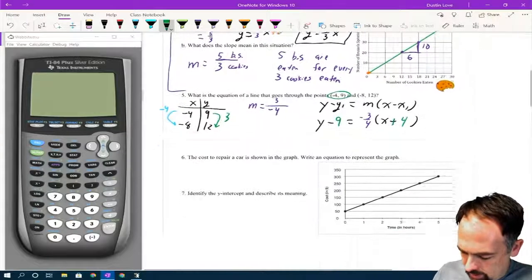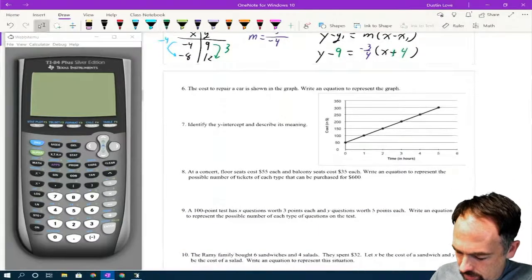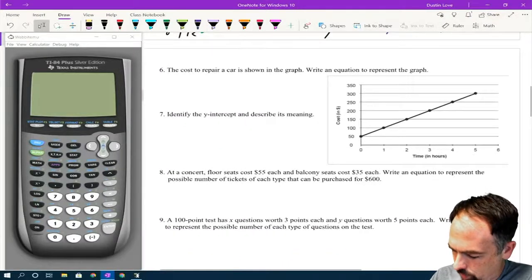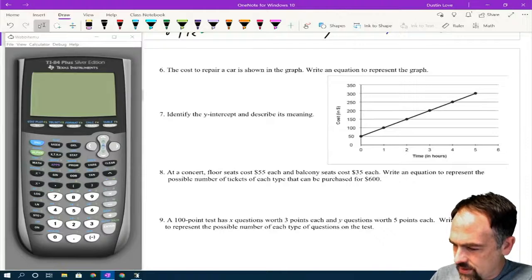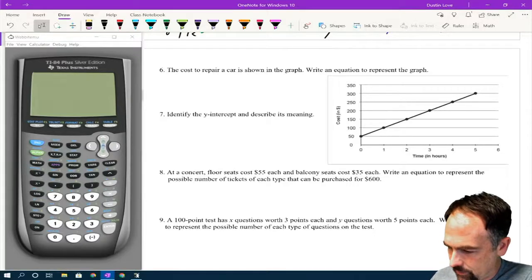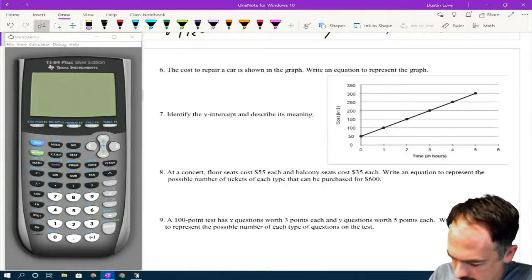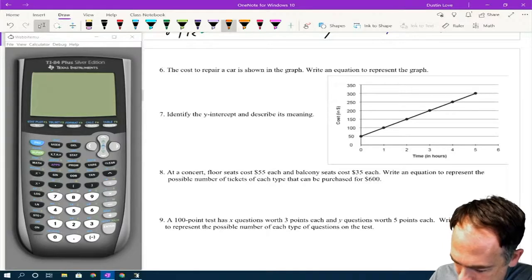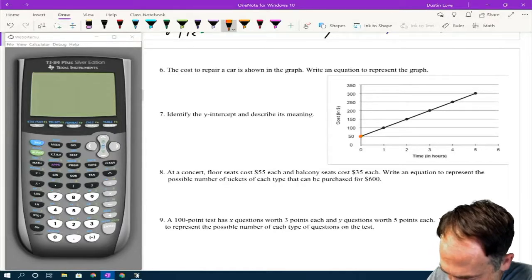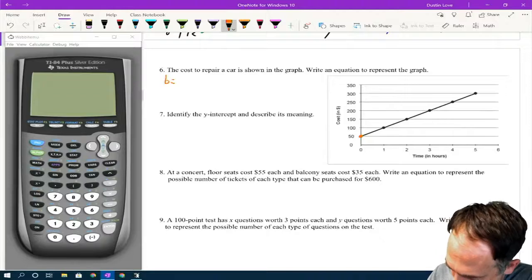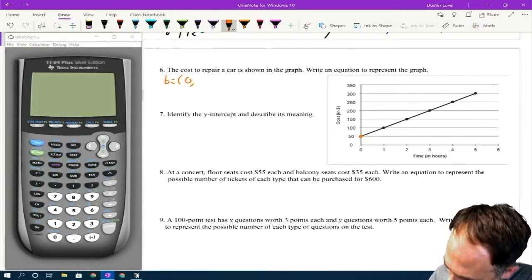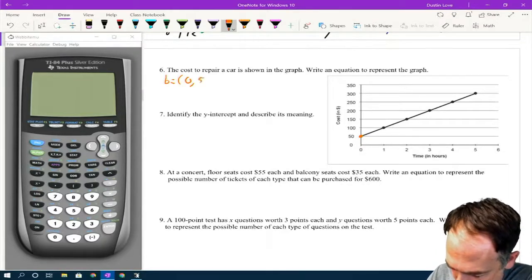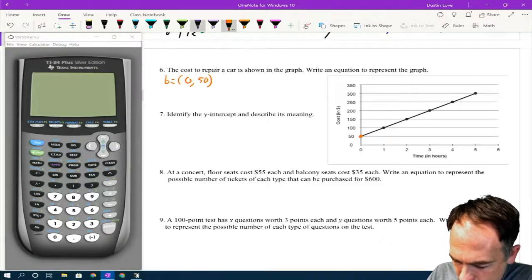All right, number 6. The cost to repair a car is shown in the graph. I'm going to write an equation to represent the graph. Well, we're going to need a slope and a y-intercept. So right here, my y-intercept looks like my b value is at 0, and then it happens at 50.